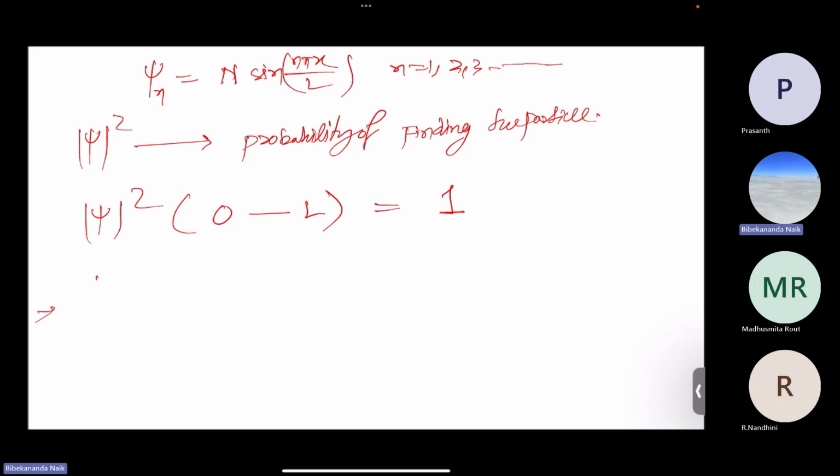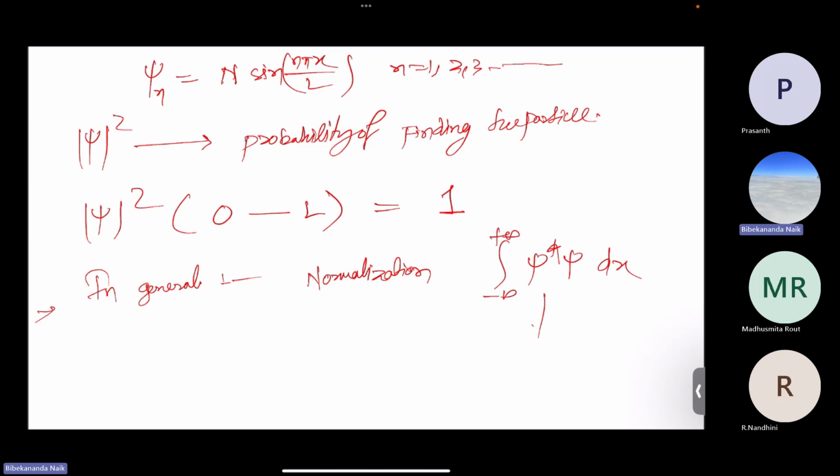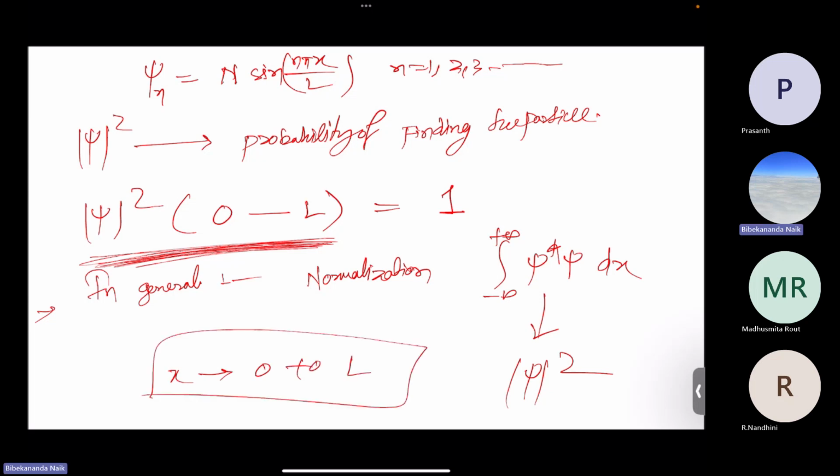That is, in general, normalization is given as the integral from minus infinity to plus infinity of psi star psi dx. This psi star psi is nothing but psi mod square. But here, if you see, the particle is contained within the region 0 to L, that is x from 0 to L. So the total probability, which is here minus infinity to plus infinity, is equal to 1.